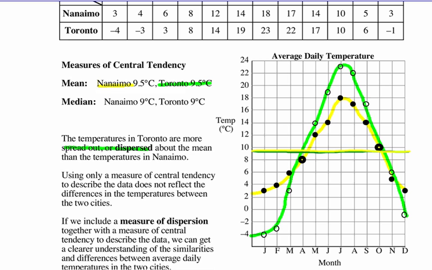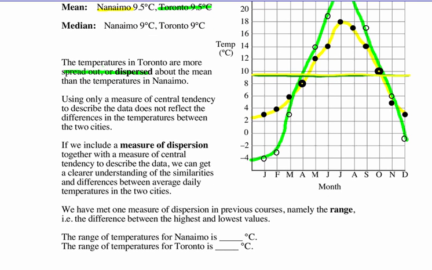So standard deviation is about central tendency. Nanaimo has a tendency to stay closer to that average, to that middle, whereas Toronto is very dispersed because it's very far away from the mean. So, a measure of dispersion is basically, let's highlight that instead of crossing it out, used together with a measure of central tendency to describe data.